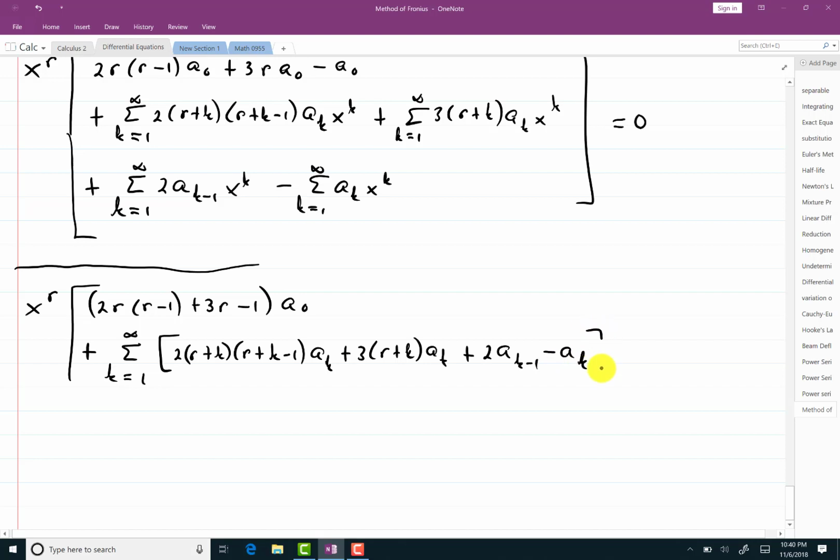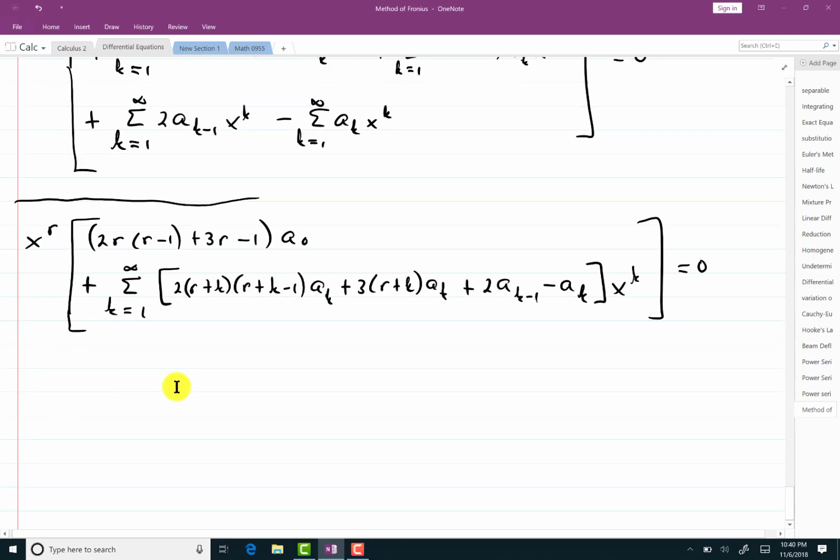And all of that stuff is attached to x to the k. And then all of this stuff equals 0. Now everything is dependent on a sub 0, so letting a sub 0 be equal to 0 is not a good plan. Let me go ahead and multiply this stuff out here.